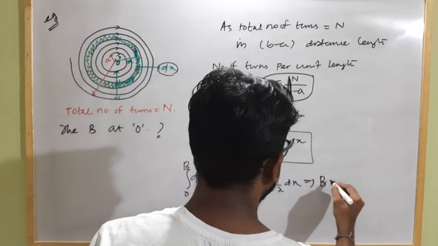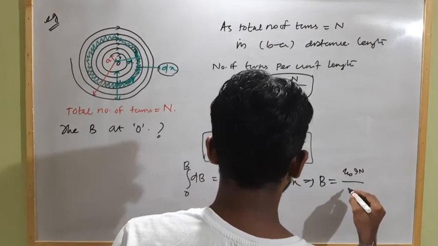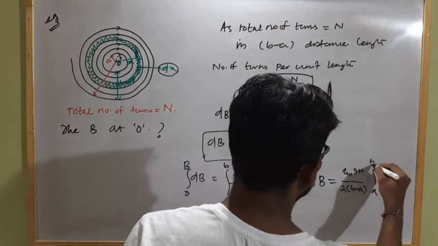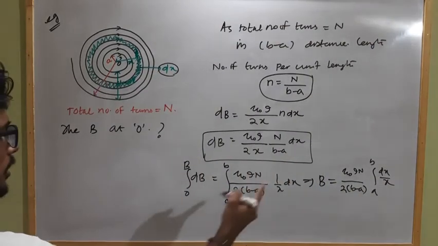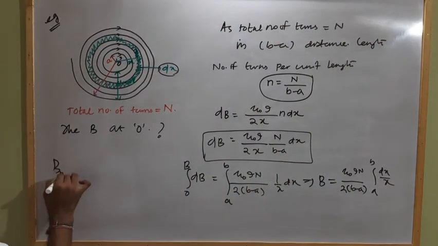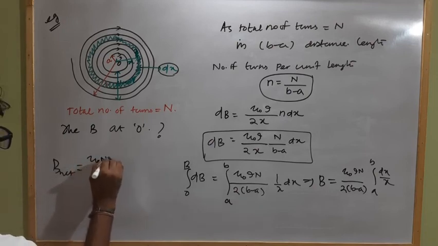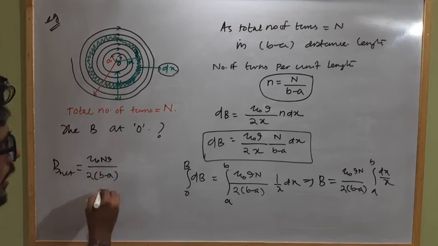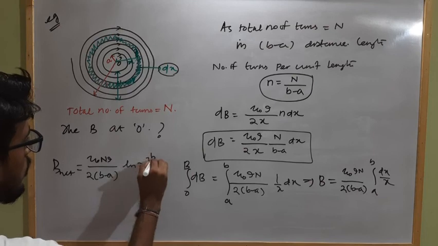So B net equals mu naught N I divided by 2 into B minus A, integration A to B of dx by x. What is the integral of dx by x? It will be ln x. So B net will become mu naught N I divided by 2 into B minus A, into ln x, limit from A to B.